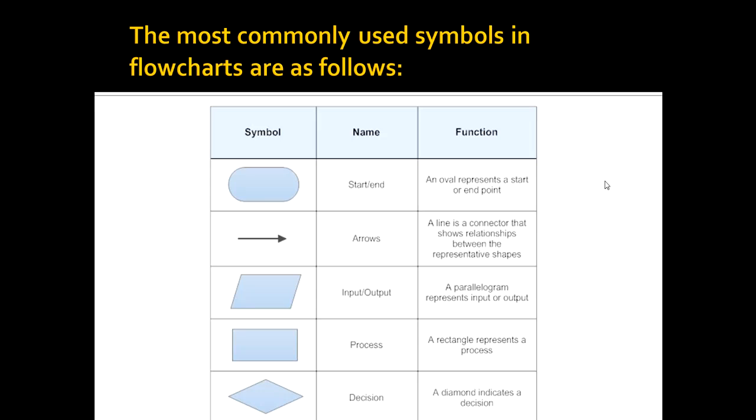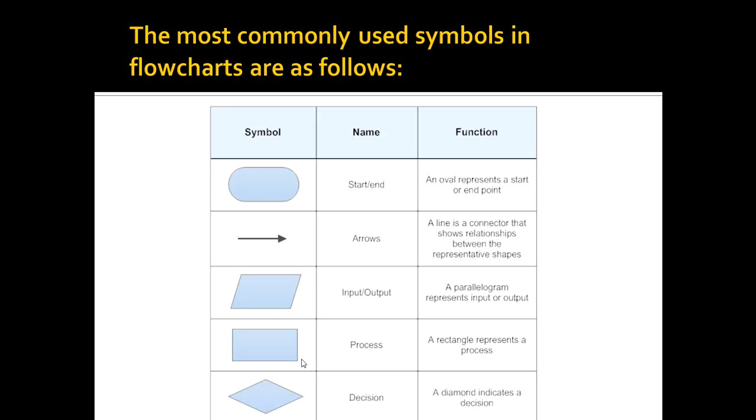What are the standard shapes we need to use while drawing a flowchart? First of all, you're going to use the oval shape we're having here to represent the start and the end. We're using arrows, as you can see here, to connect the shapes, and we're using the parallelogram to represent the input and the output.